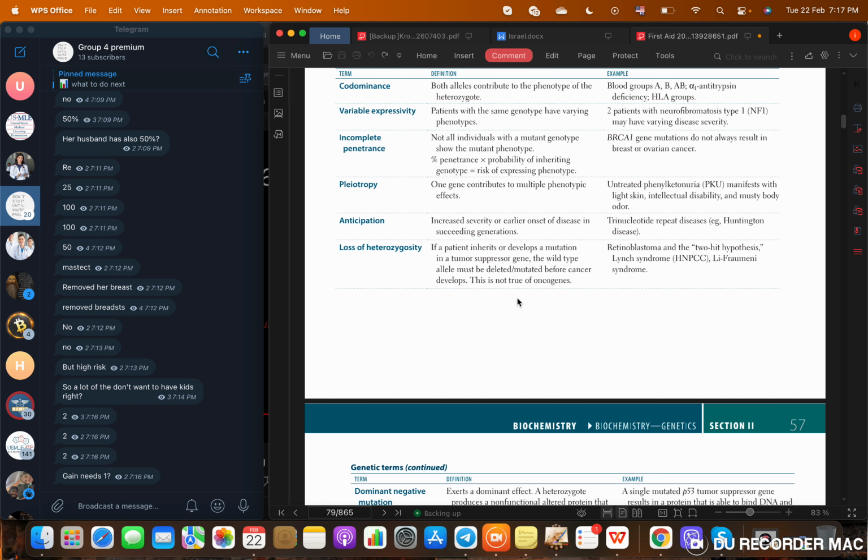This is not true of oncogenes. Oncogenes just need one of them. So for loss of heterozygosity, for example, you are born with one mutant gene, right? That means you are at risk. Let's say that you smoke, you do something like that, and you have a mutation of the other tumor suppressor gene. Now you get the cancer. That's loss of heterozygosity.